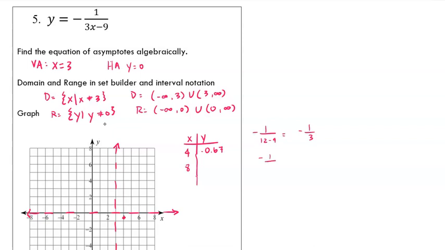Negative 1 over 24 minus 9, so that is negative 1 over 15, and that comes out to be negative 0.07.